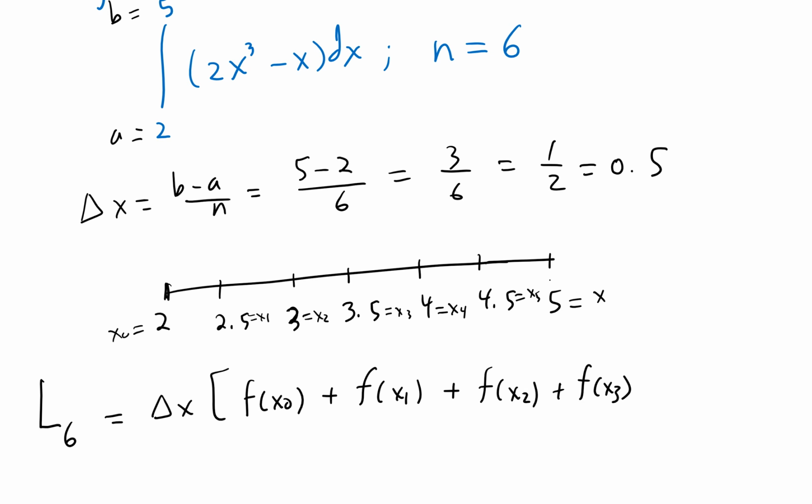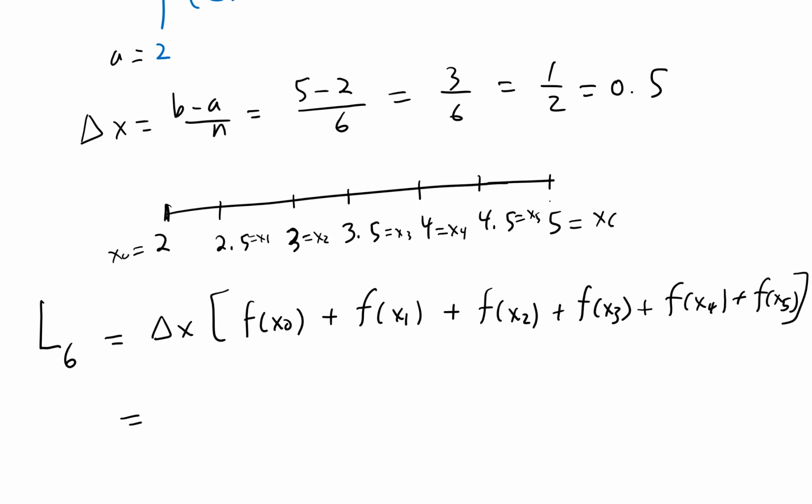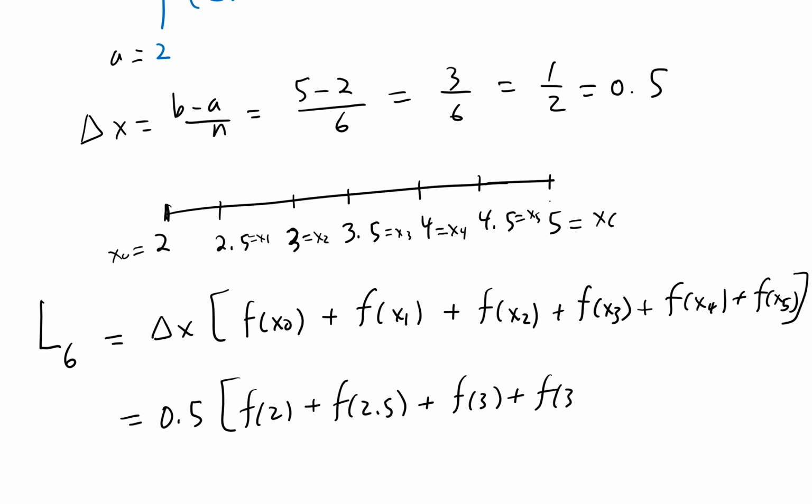So we go all the way to x5. We skip the last one. If you start on the left, you skip the one on the right. Delta x is 0.5. F of 2 plus f of 2.5 plus f of 3 plus f of 3.5. F of 4, f of 4.5.